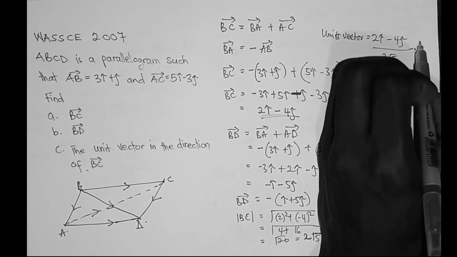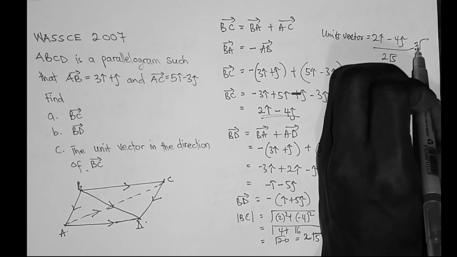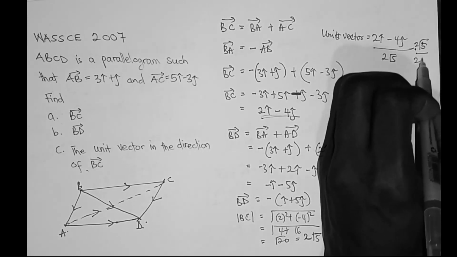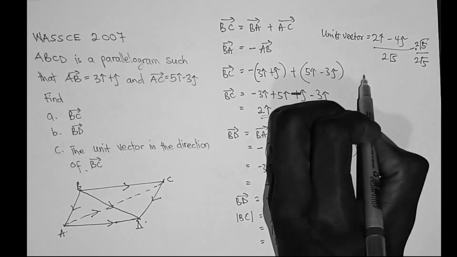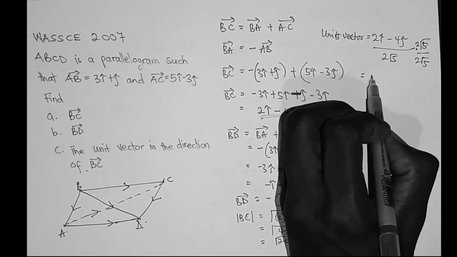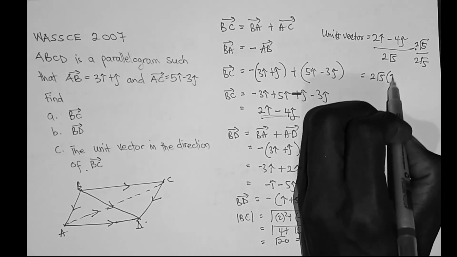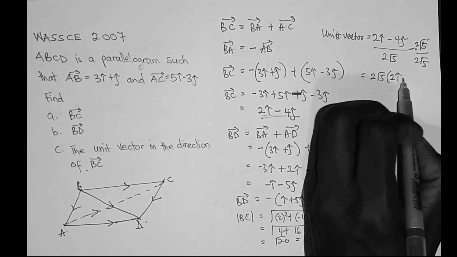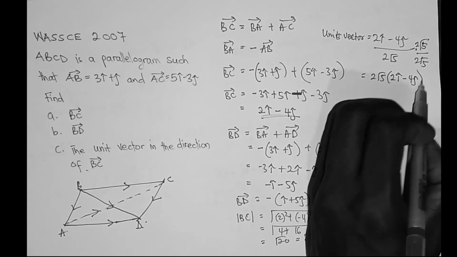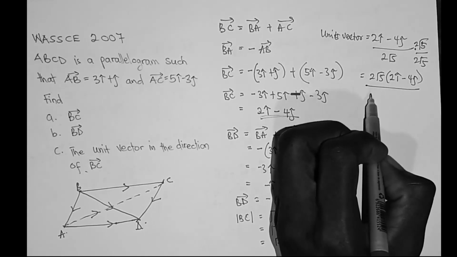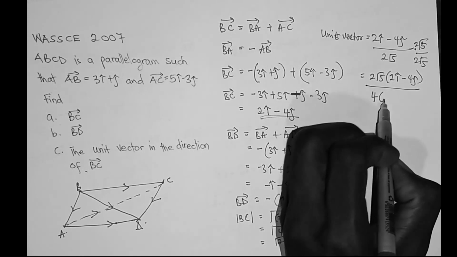So we need to rationalize by multiplying both the numerator and the denominator by 2 root 5 over 2 root 5. So that this is equal to 2 root 5 times 2i minus 4j divided by 2 root 5 times 2 root 5 becomes 4 times 5.